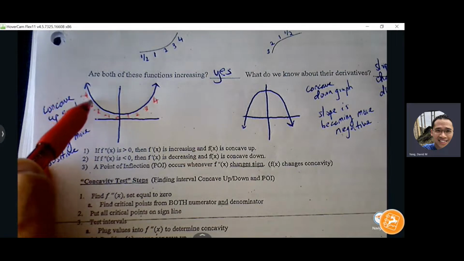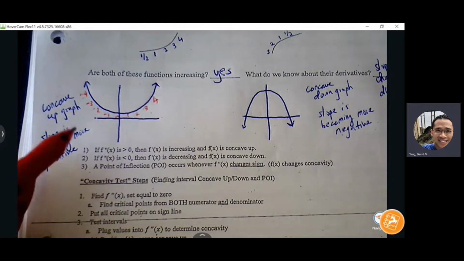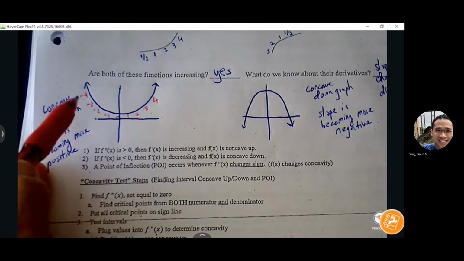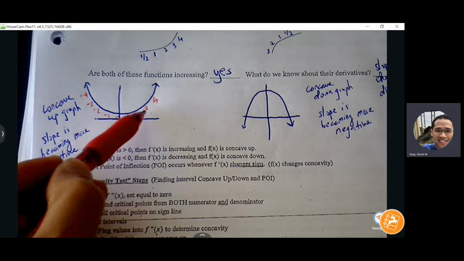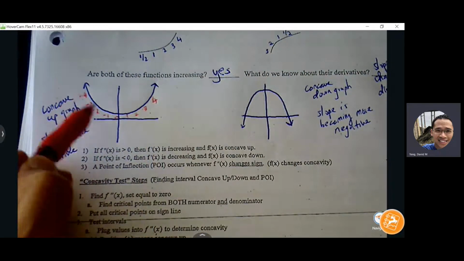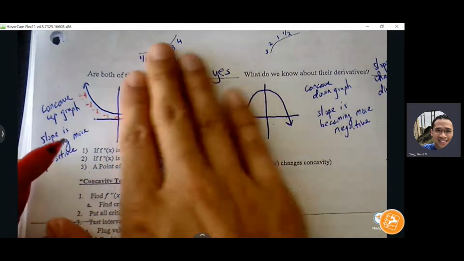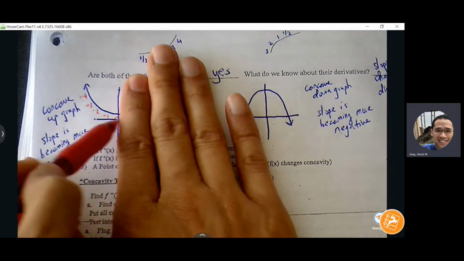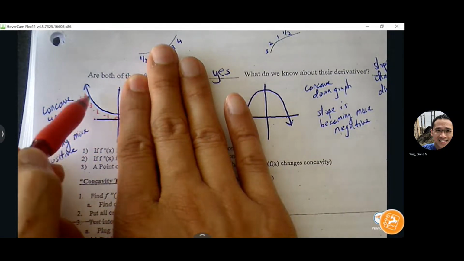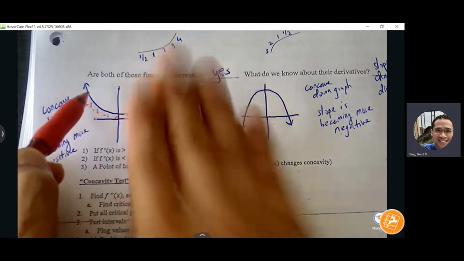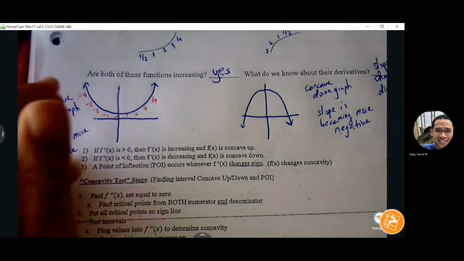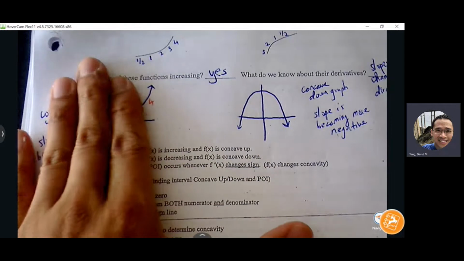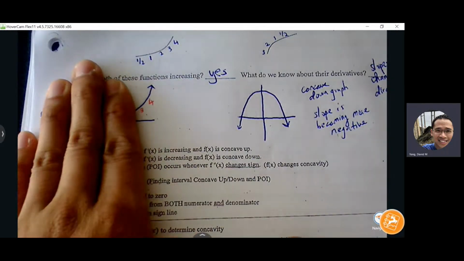If you ever have a slope moving in the positive direction, it doesn't have to have a full completion from negative to positive. Even if it's just a little bit, that movement towards a positive sign, even just that little piece, is still considered concave up.